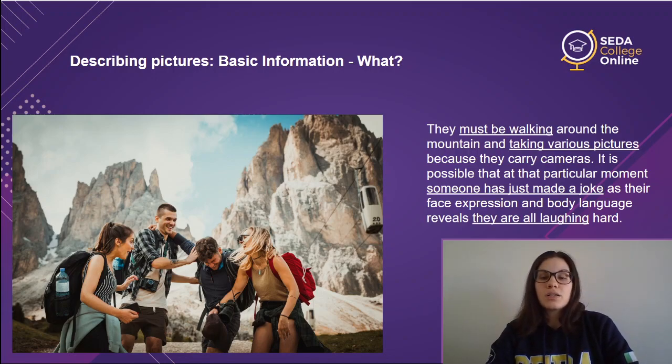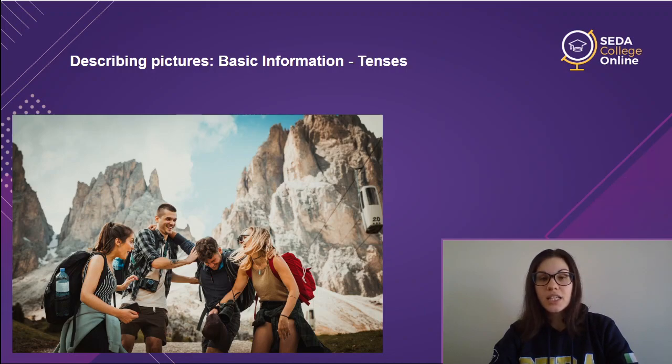So this was the last of the WH. We saw who, when, where, what. And what I want to focus on, taking this specific slide as a guide, is the tenses. What tenses do we use when we describe a picture?